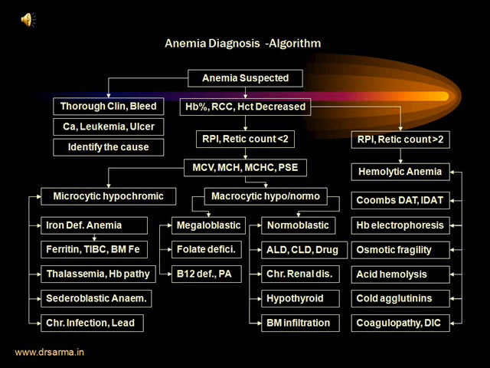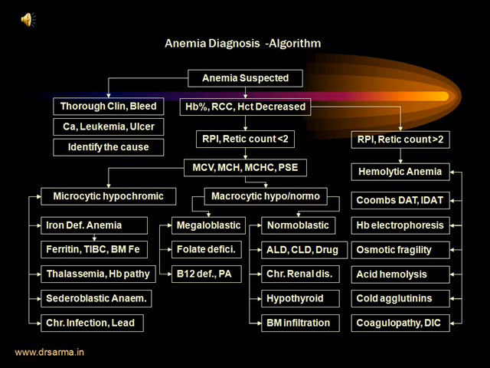The algorithm shown in this slide gives in a nutshell the different diagnostic steps for anemia. Let us say we have a patient who is suspected to have anemia. Immediately we must look for bleeding, and thorough clinical examination is mandatory to find out the cause of anemia.